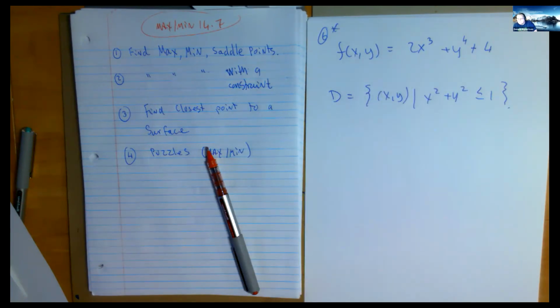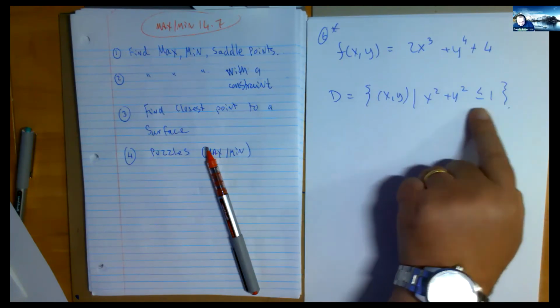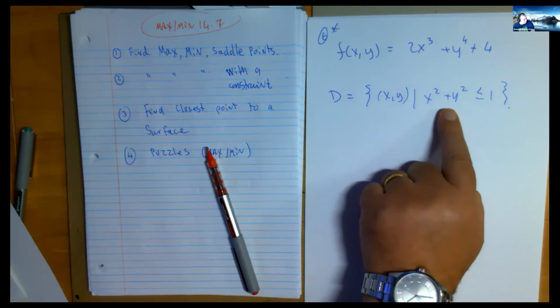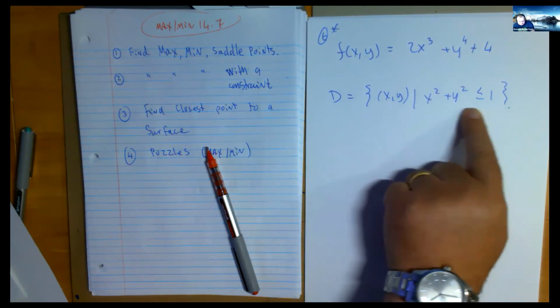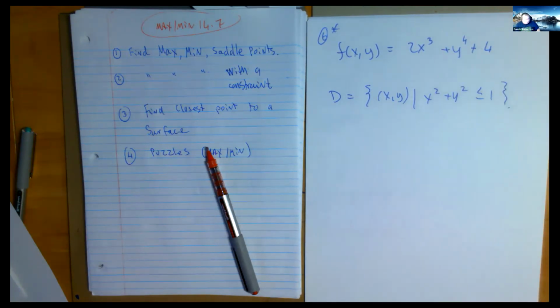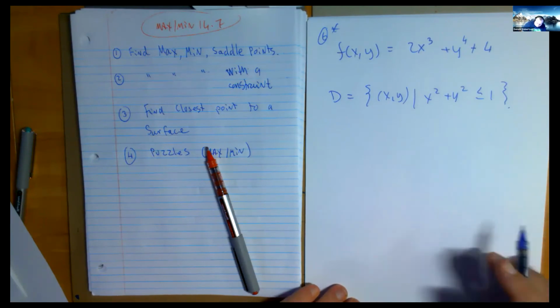Don't worry about calculating D. Don't worry about saddle points. We're not going to tackle this question that way. Since we know that there is a max or a min to find, all we need to do is find the critical numbers subject to some constraints. In this particular question, the constraint is x squared plus y squared less than or equal to 1. In other questions, the constraint is different from that.